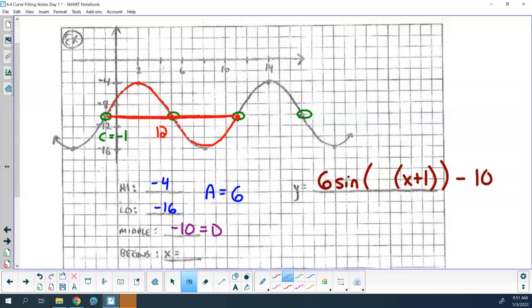Okay. So 12 then is going to equal 2 pi divided by b, which means 12b is going to equal 2 pi, which means b is going to equal 2 pi divided by 12, which is pi over 6.